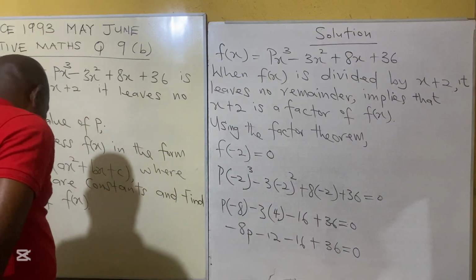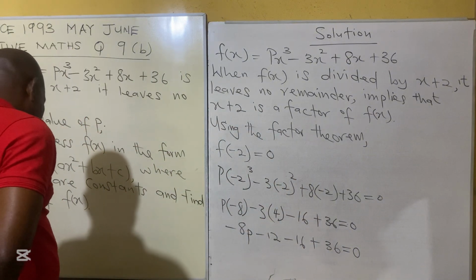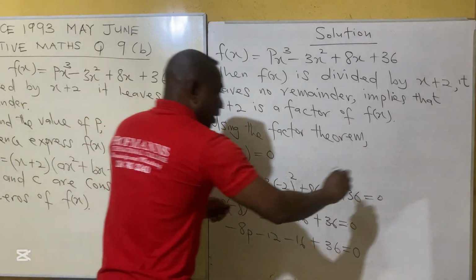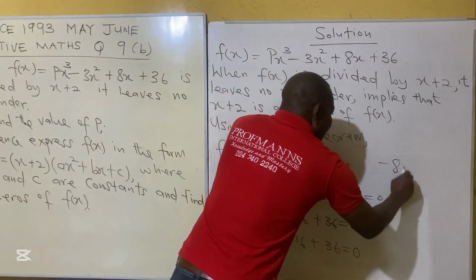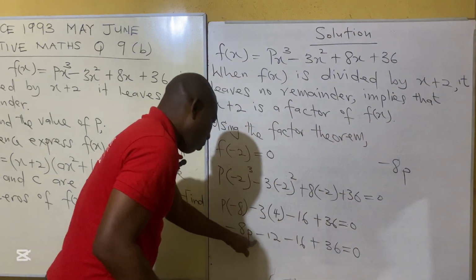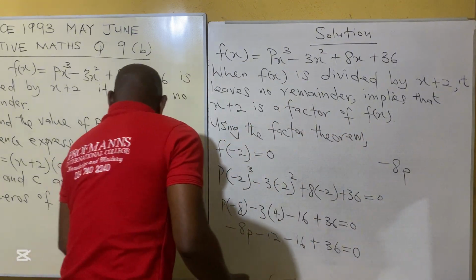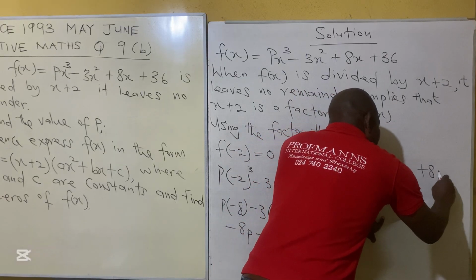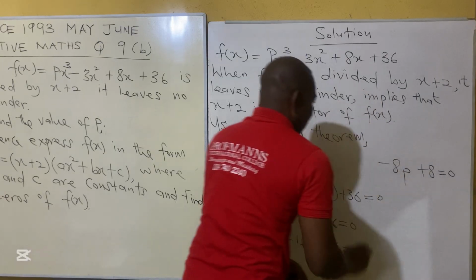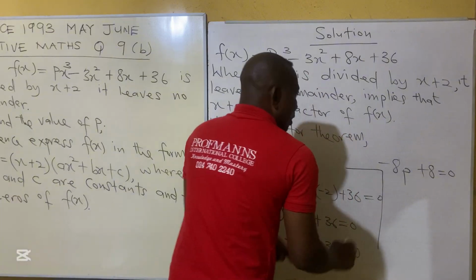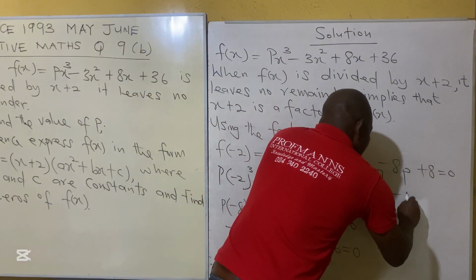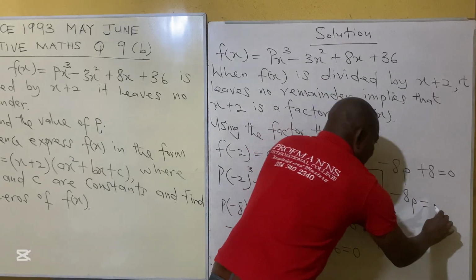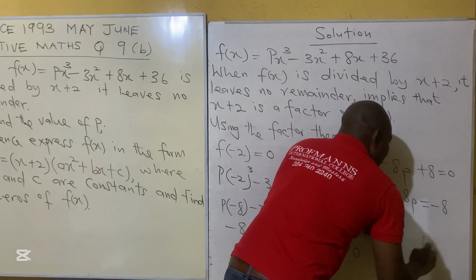So from here we simplify. It becomes minus 8p, and when we simplify the constants, it gives us plus 8 is equal to 0. So here we have minus 8p is equal to minus 8.